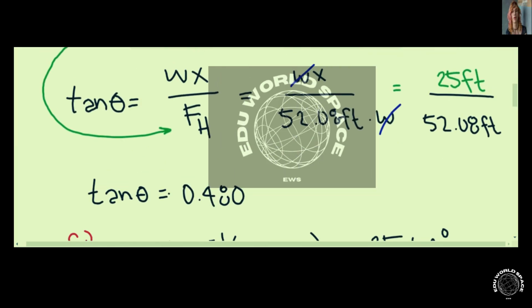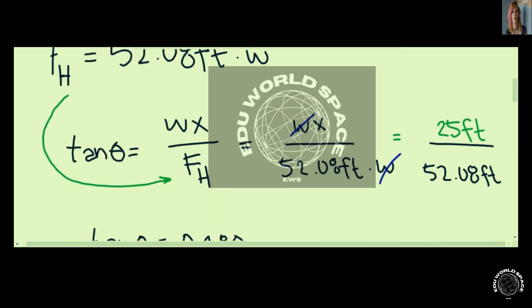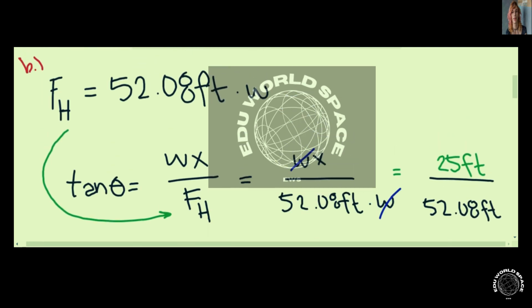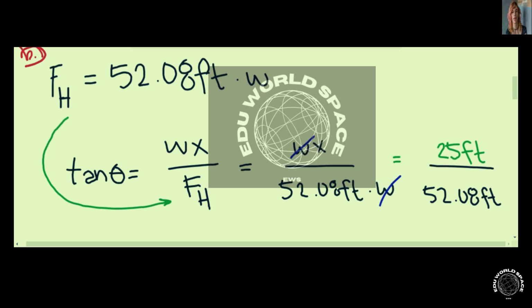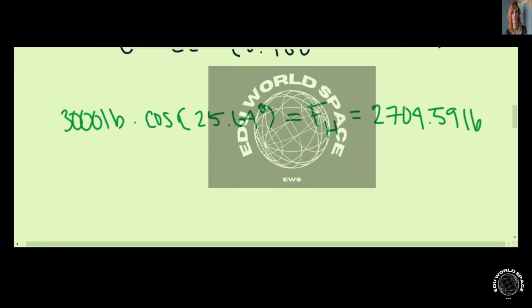Now, remember earlier that we solved for F sub h next to this B. We said F sub h equals 52.08 feet times w. We substitute the numerical value in for F sub h, which will give us the distributed load.